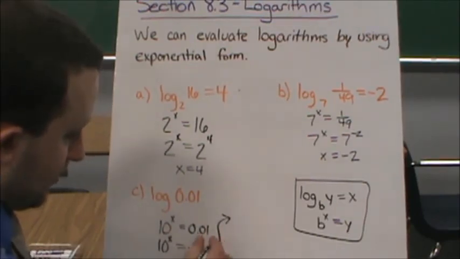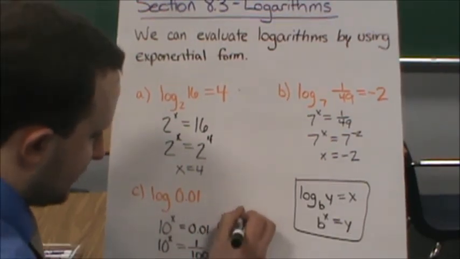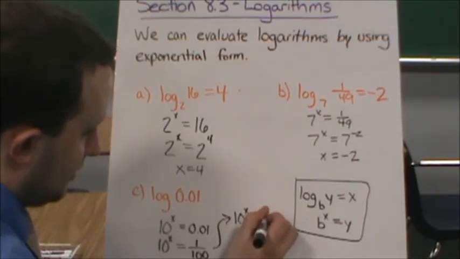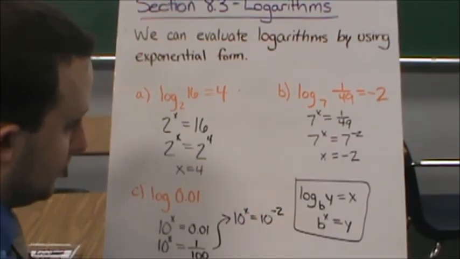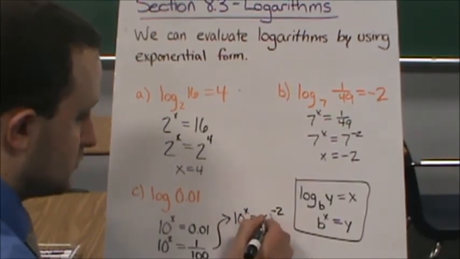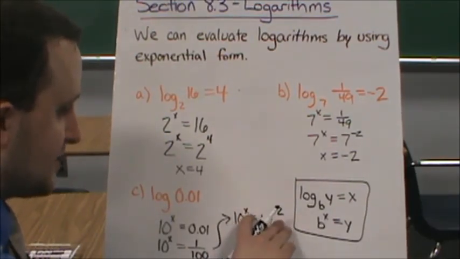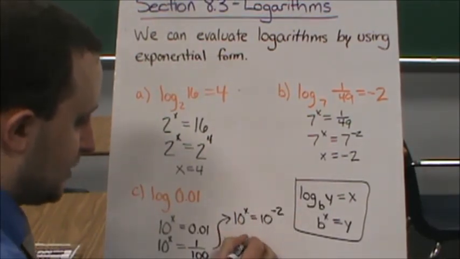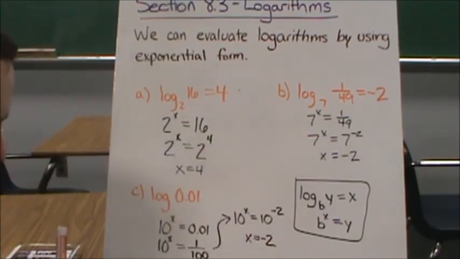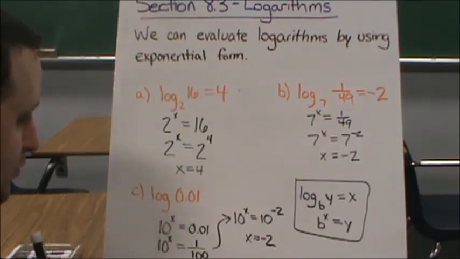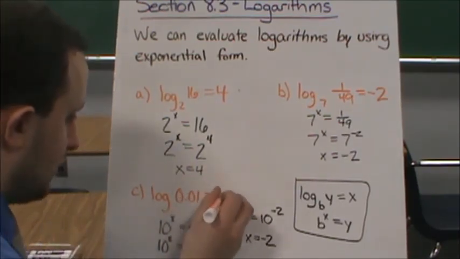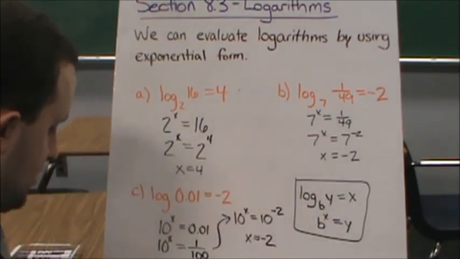Then we can rewrite 1 over 100 to get 10 to the x equals 10 to the negative 2 power. These two are equal only when the exponents equal each other, so x has to be negative 2, which means log of 0.01 equals negative 2.